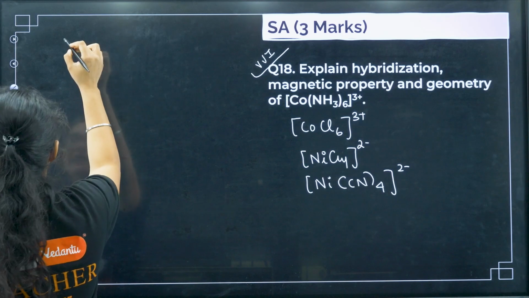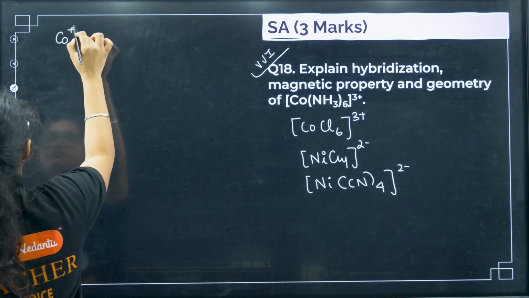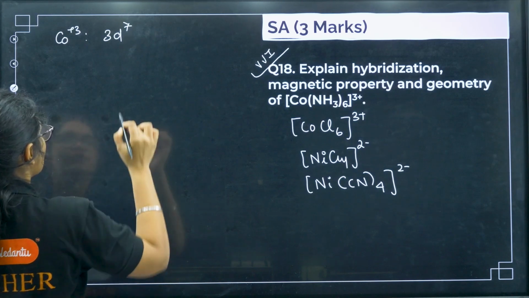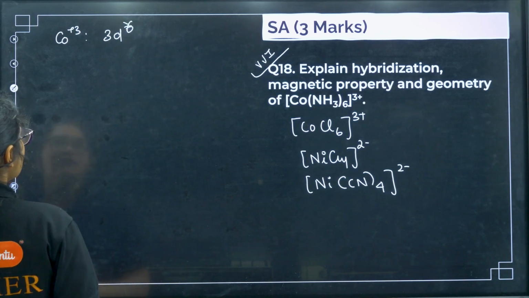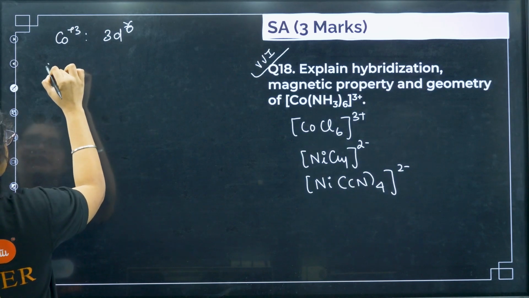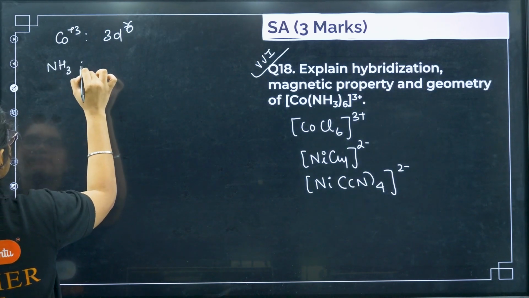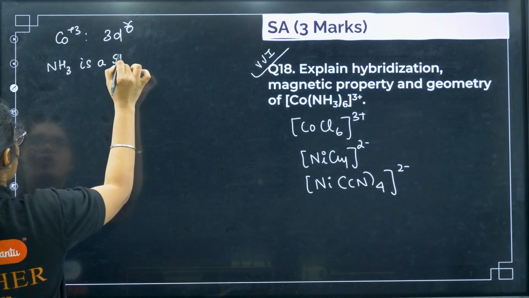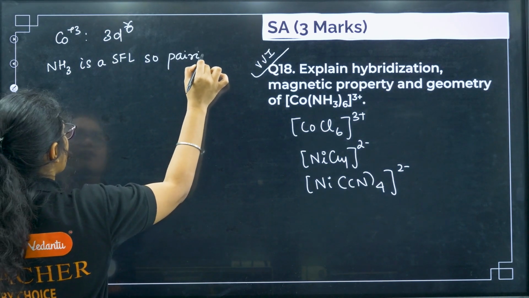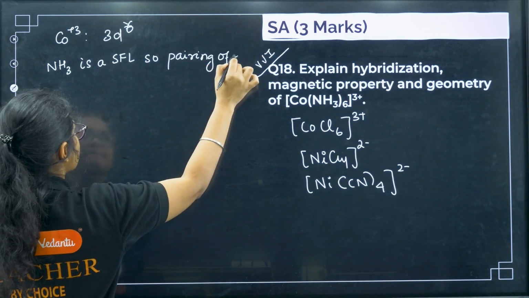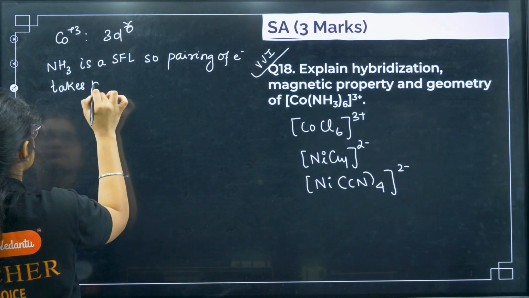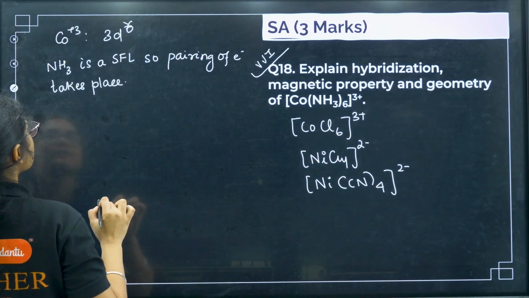So first of all, you have to write cobalt 3+, right? What is its electronic configuration? 3d7, 3d6, right? Then I can write here that NH3 is a strong field ligand, so pairing of electrons takes place. So what will happen?